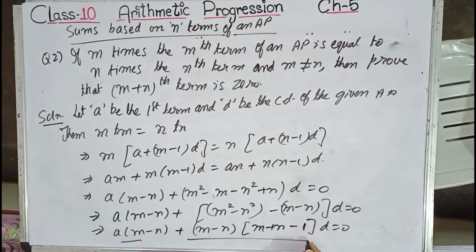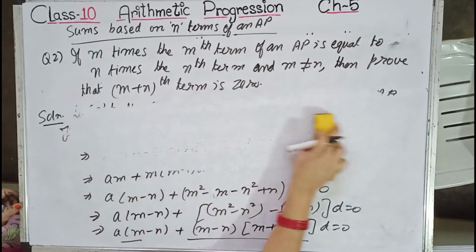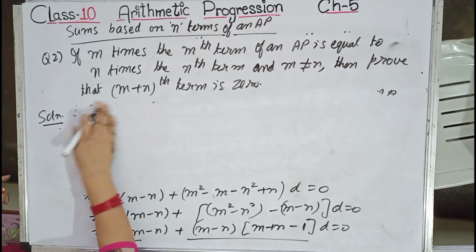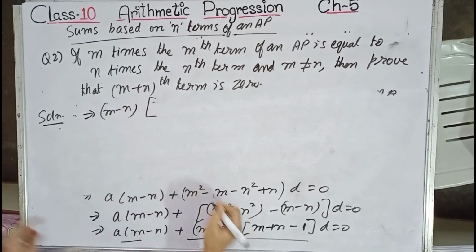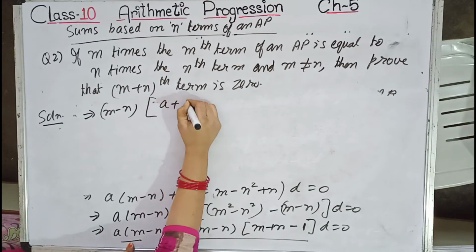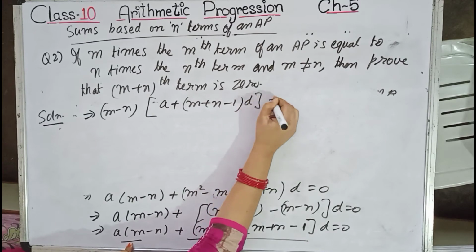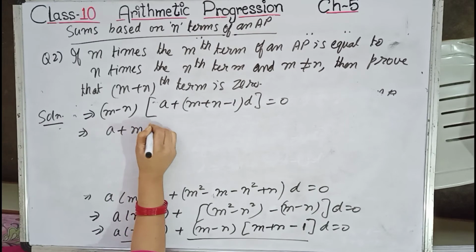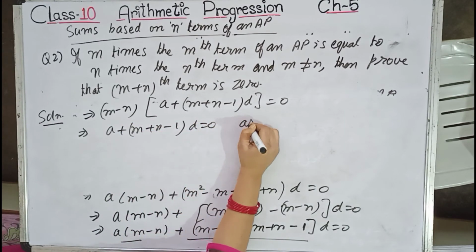Now here two terms we have, so m minus n I can take outside. So this implies m minus n, and in the bracket is a plus m plus n minus 1 into d equals 0.